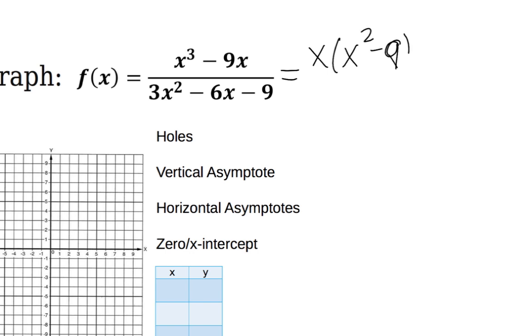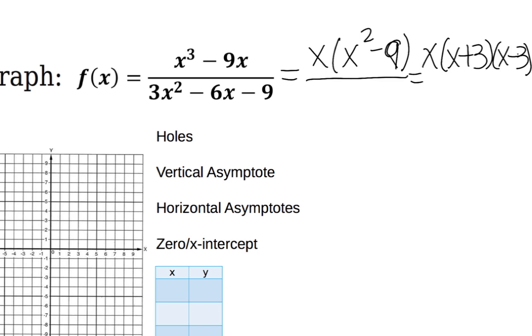Well, you should notice that x squared minus 9 can actually be factored down even further because it's a difference of two squares. So it can actually be factored to x plus 3 and x minus 3.